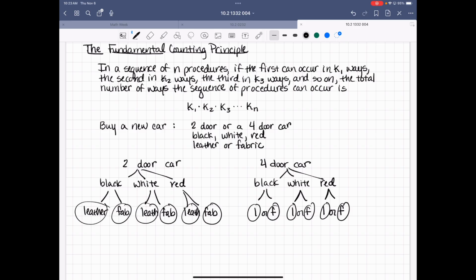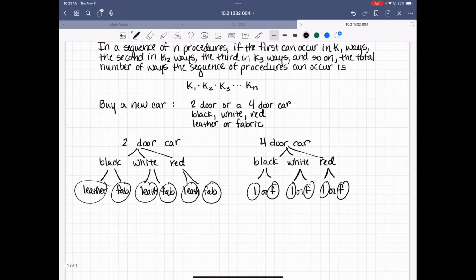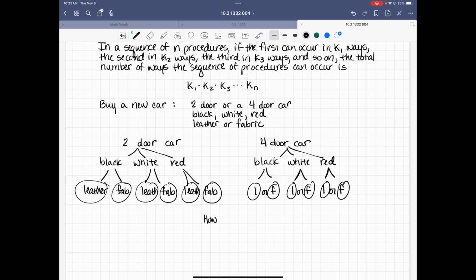Or I can have leather black four-door, fabric black four-door, leather white four-door, fabric white four-door, or leather red four-door, or fabric red four-door. Okay? So there are 12 possibilities.